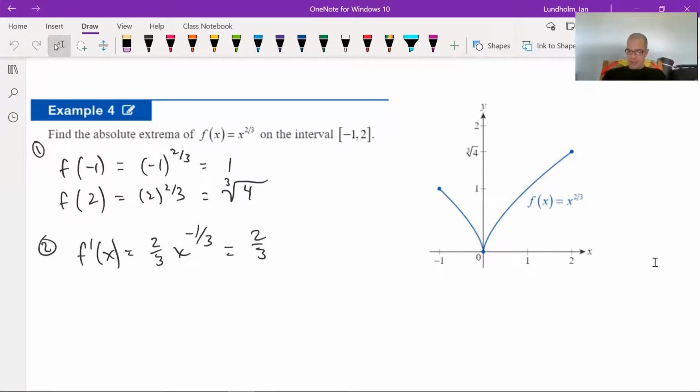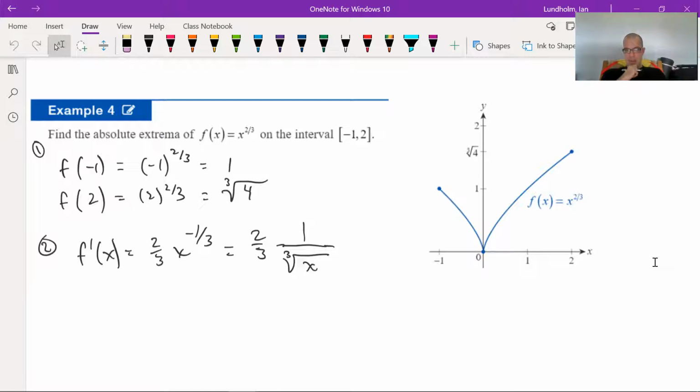If we rewrite this so that we have 1 over the cube root of x, it becomes more clear that as you approach 0 from the left, you would be approaching -infinity. And when you're approaching 0 from the right, this would be approaching infinity because the denominator of this fraction gets closer and closer to 0, right?